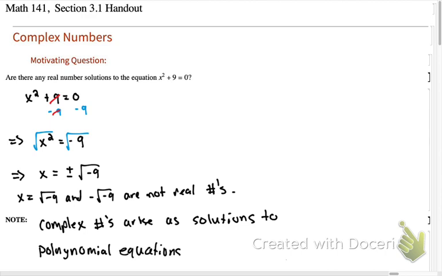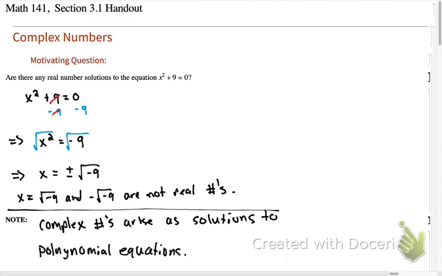Here we have a quadratic equation, x squared plus 9 equals 0, but there are polynomials where x is raised to even higher powers, like x cubed, x to the fourth, that might have some real number solutions, but they may also have complex number solutions, or what are called complex numbers. So that is one way that complex numbers will arise.